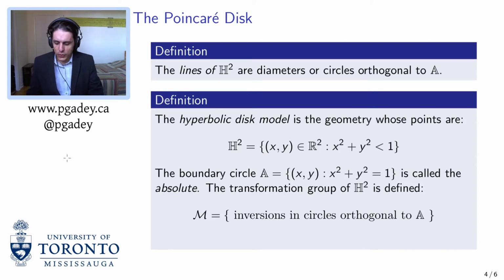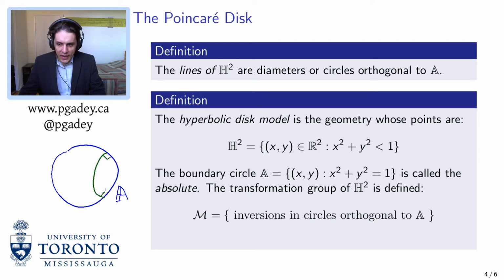So we have a circle here that we're calling the absolute. And if we have a circle perpendicular to it, making a 90-degree angle, then a transformation of the hyperbolic disk model is going to be inverting with respect to that circle.